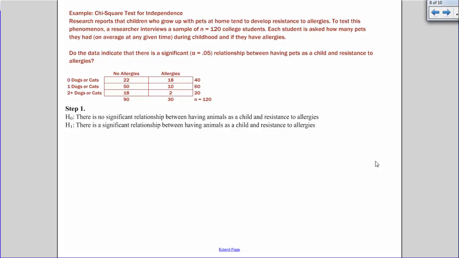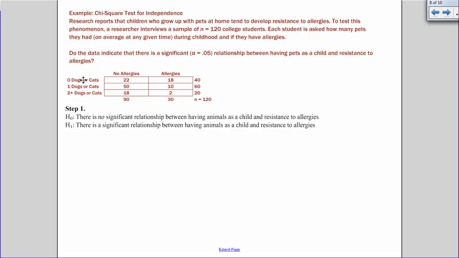All right, so now we're doing another chi-square test for independence, and we're looking to see if there's a relationship between whether or not children had pets at home and if they had allergies. And we're specifically looking at the number of cats or dogs.